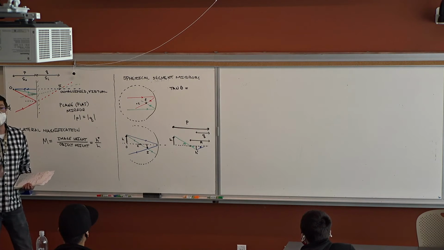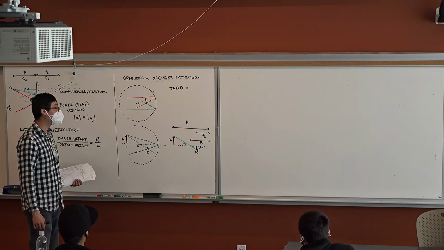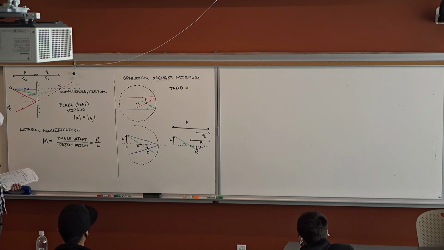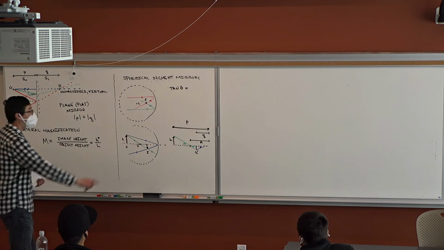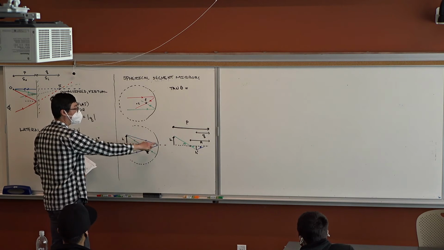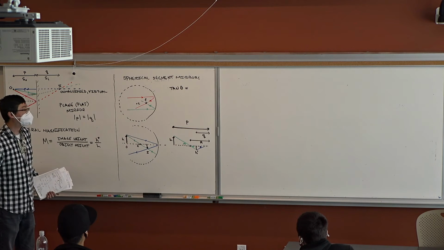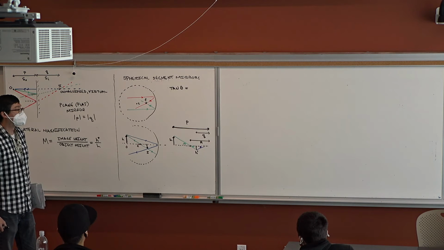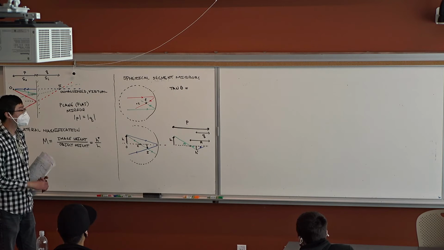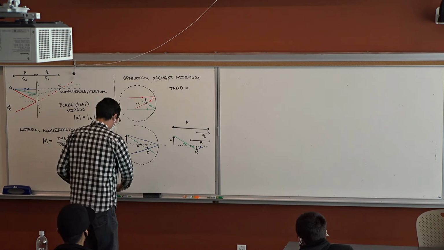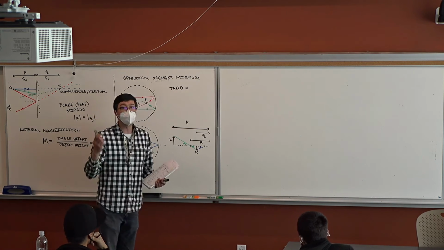So let's use, I'm going to write this twice. In terms of H, what do we have? H over P minus R? Look at this triangle. H divided by, what's that there?